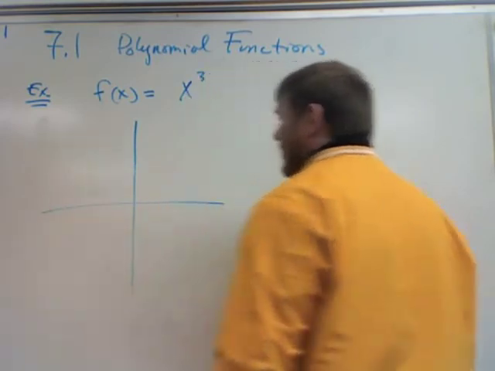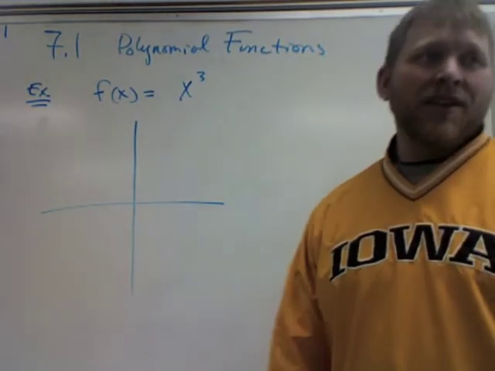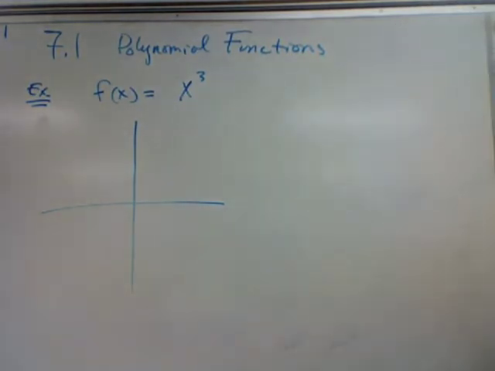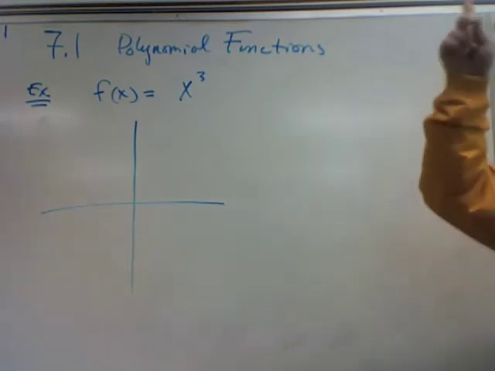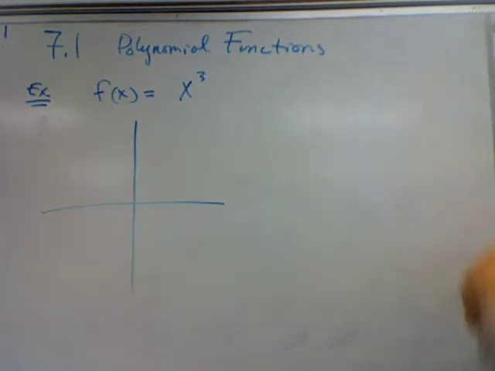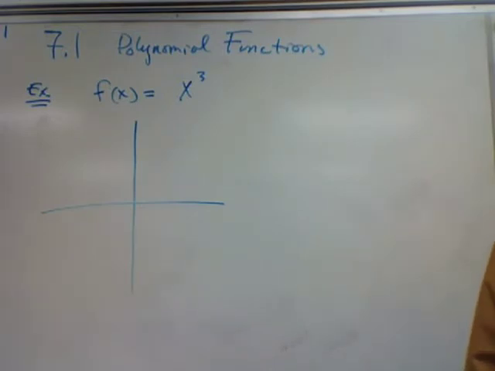What I always think of with a cubic polynomial is the disco. You guys know the disco dance they used to do in the 60s, where they throw their hips into it and one finger goes up, one finger goes down. So think of a cubic function, or even an odd-numbered function.